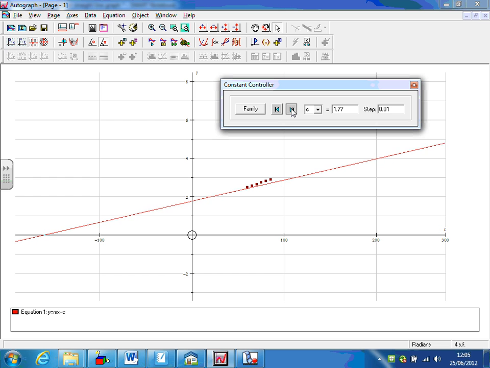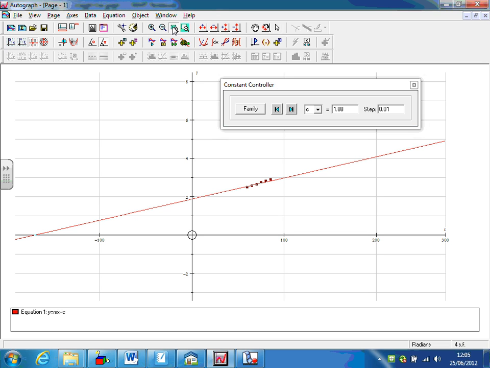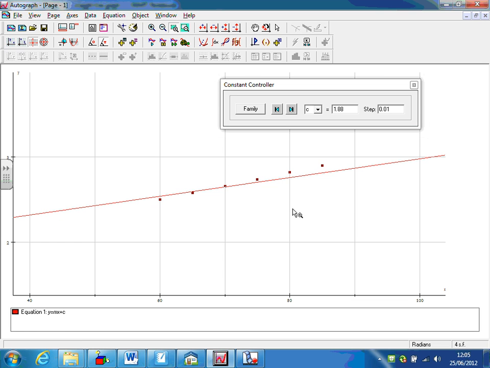So now using this expanded out, zoomed out scale, I can get the line roughly where I want it to be. What I want to do now is again using this zoom box, zoom box around the data. So now I can fine tune my values for m and c to get the values. So let's change m.